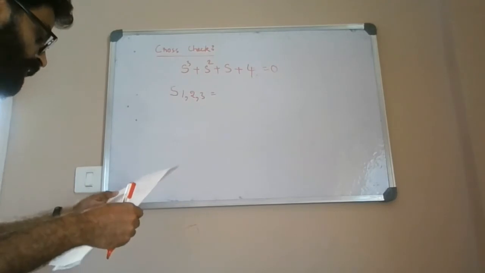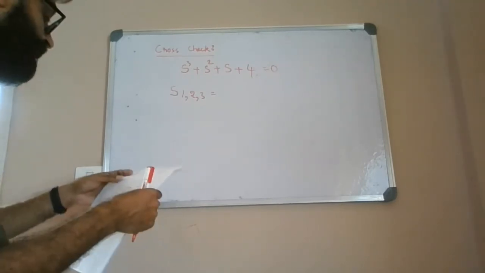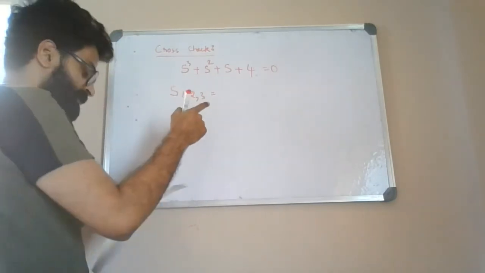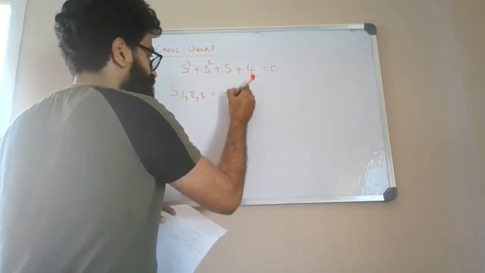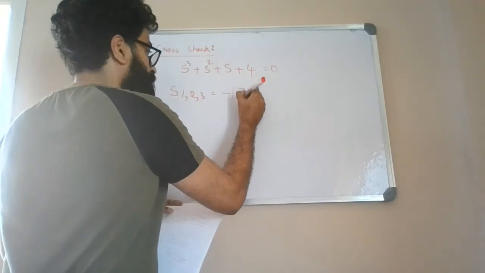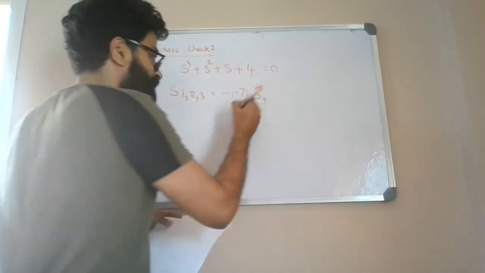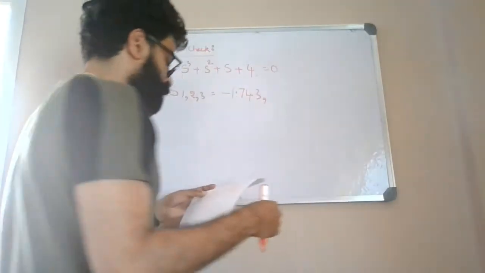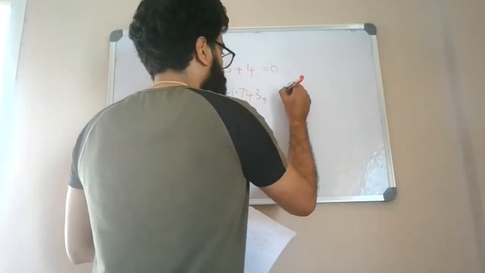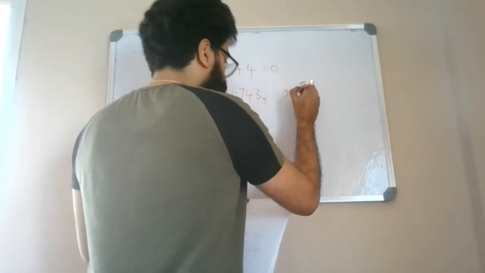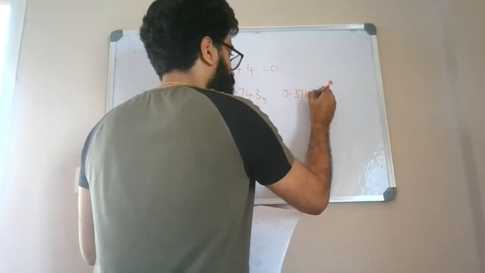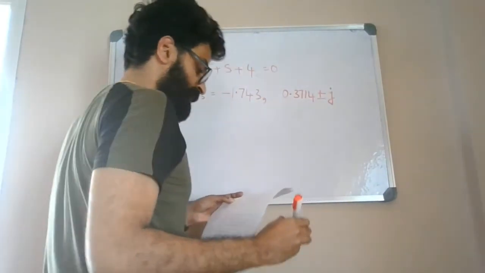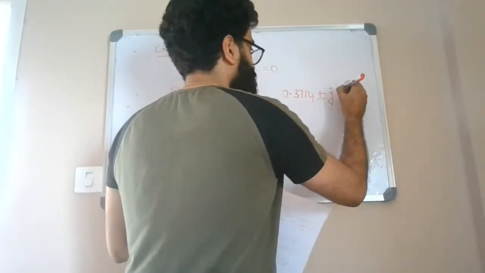So when you cross check using your calculator, just tell me if I am wrong. S1, 2, 3, you will get it as minus 1.743 as the first root, and the remaining two roots are complex conjugate whose value is 0.3714 plus or minus j 1.4686.